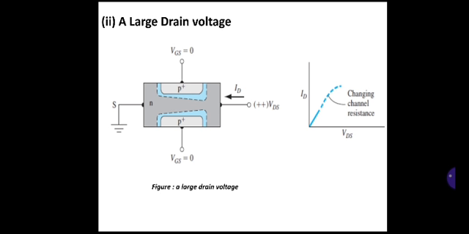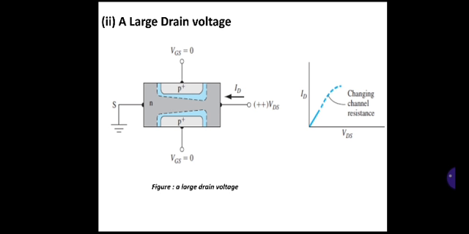The plus sign here means there is an increase in VDS. As the VDS or the drain voltage increases towards the positive side, the gate to channel PN junction becomes reverse biased near the drain terminal.